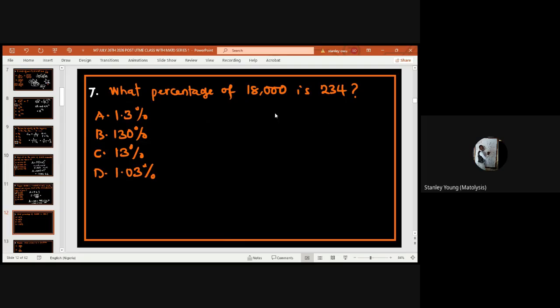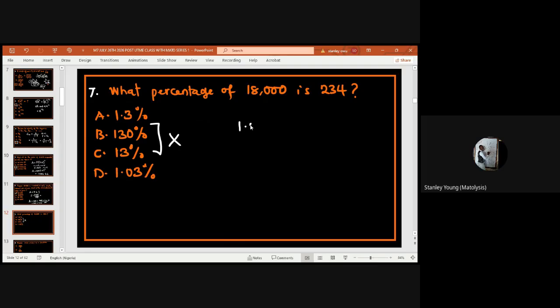If I ask you for 10% of this thing alone, 10% means you are dividing by 10. That would have been 1,800. And this is still far away. Your answer is going to be less than 10%. So definitely it can be these two, right? Then your answer lies between A and D.